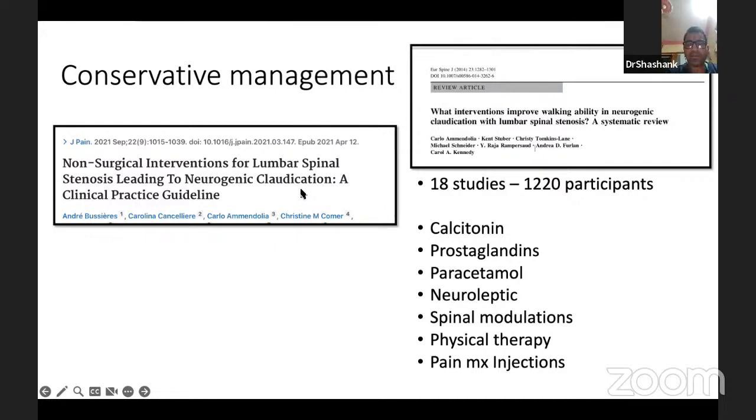Second, as he said, caudal epidural steroids are indicated in multi-level lumbar canal stenosis. Usually we say that whenever we give an epidural injection, the level of action would be maximum 2 levels up and 2 levels down. So is that going to work for the rest of the levels above the second or third level?